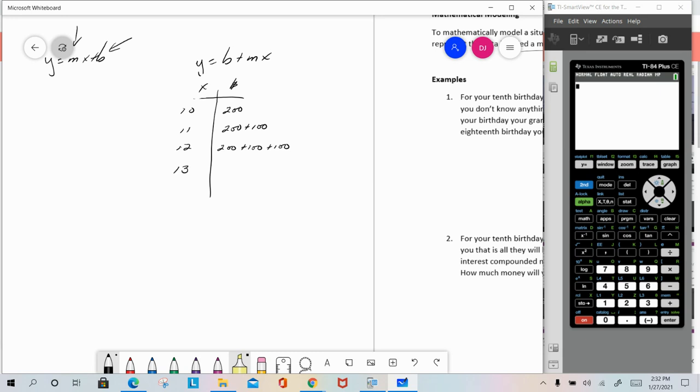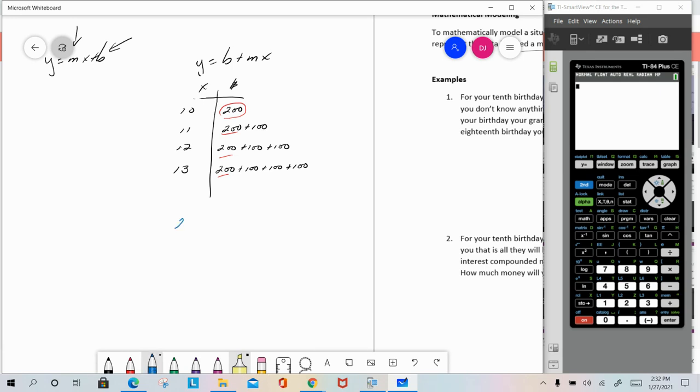On your 13th birthday, and I'm trusting you're smart enough to see the pattern by now, you still have the original $200 from your 10th birthday, plus the $100 from your 11th, the $100 from your 12th, and now a third $100 gift on your 13th birthday. Notice the initial value, 200, is still there. You were only given that $200 once.